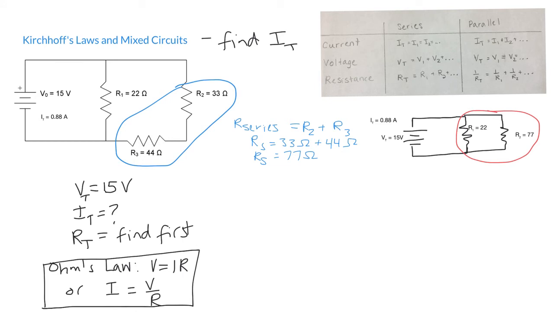Since we know this circuit is a parallel circuit, I'm going to take one piece of information for a parallel circuit that makes it easy to keep solving for the others, and that's that the voltage in each path is 15 volts. So if I have a total voltage of 15, the voltage through resistor 1 is going to be 15. The voltage through resistor 2 is going to be 15. So we do know our voltages for each of those.